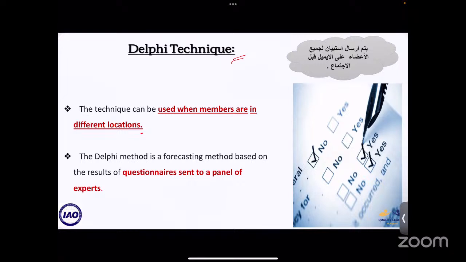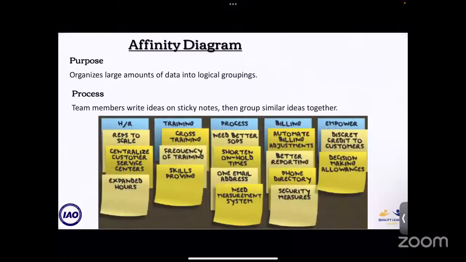All right. I have done brainstorming and collected a very large number of ideas. Now I need to categorize or rank them and organize them. I will use the affinity diagram. I use it when I have a large amount of data to put into logical groupings, and I want to do ranking or categorization to organize them and put similar ideas together.